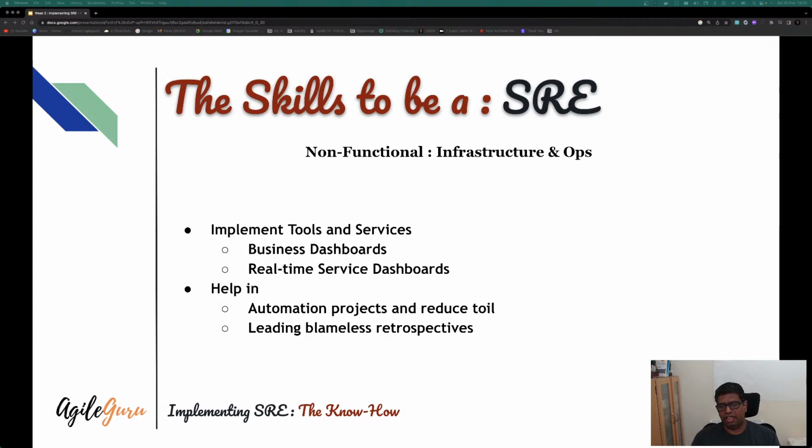The keyword being blameless. What does that mean? A blameless culture is not saying, oh, this happened because of a coding issue, it's Guru's fault. Or, oh, that happened because the infrastructure people like Akshay did not scale it or set auto scale. No, it's not about finger pointing.